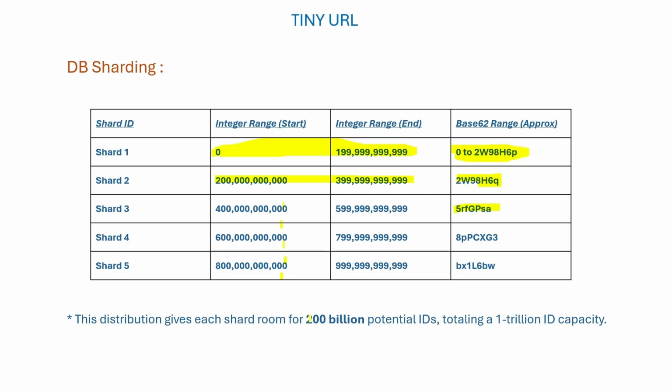Given this, for a given shard we'll potentially have around 2 billion possible entries, and this 1 trillion is for 5 shards. We can have 15 shards as well and make it 3 trillion. If there is an exponential scale in our system, we might need 3 trillion rows altogether. But for our 20 year initial estimate, these 5 shards should be more than sufficient.